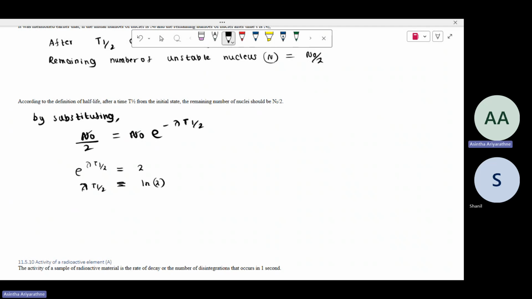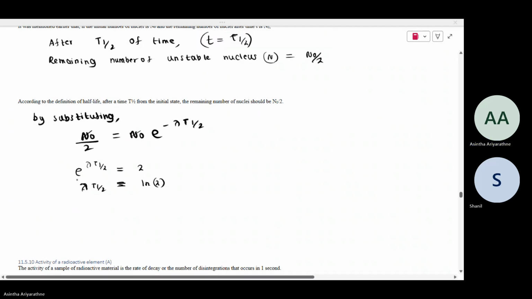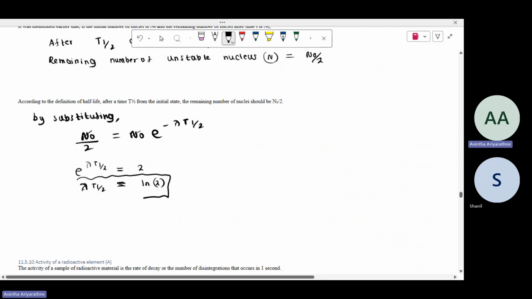Always the multiplication of the decay constant into the half-life is a constant, which is equal to 0.693.